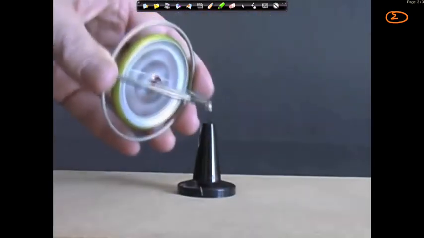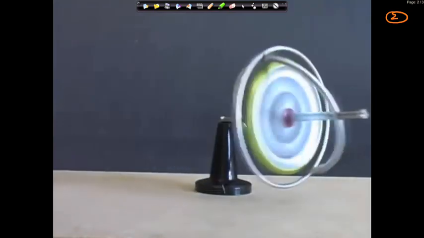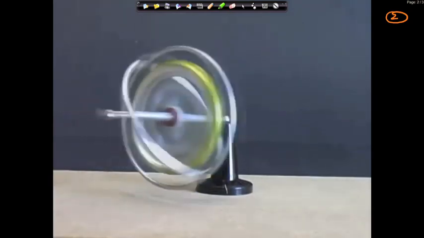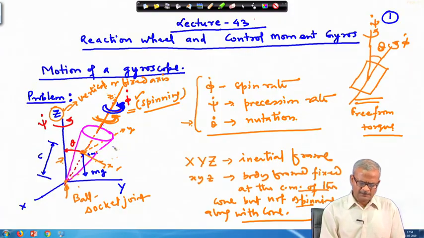You can see again. This is undergoing precession motion, and there is the interesting associated behavior, the nutation angle also. So, we stop here with this video.